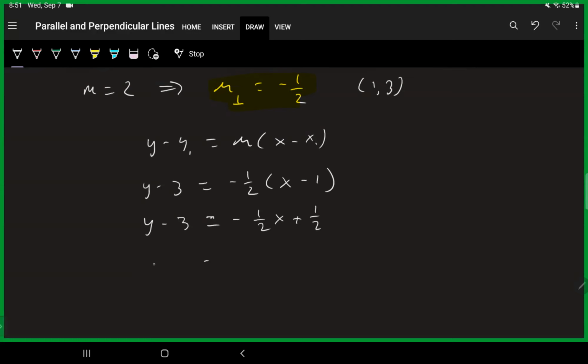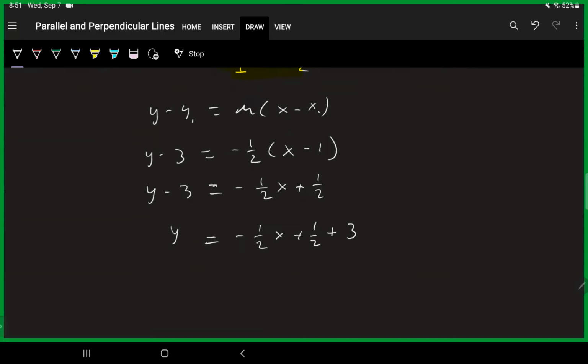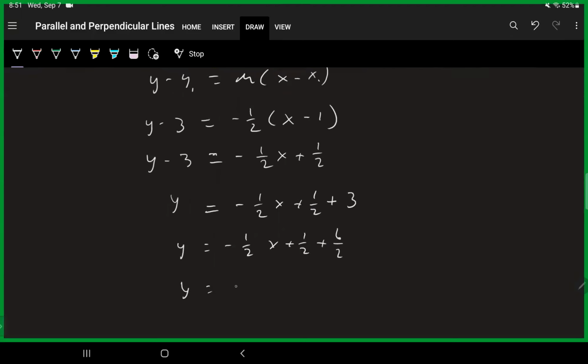Oops. That's going to be y is equal because we need to add 3 to both sides. After finding a common denominator for my b value, the y-intercept, y is -1/2 x plus 7/2.